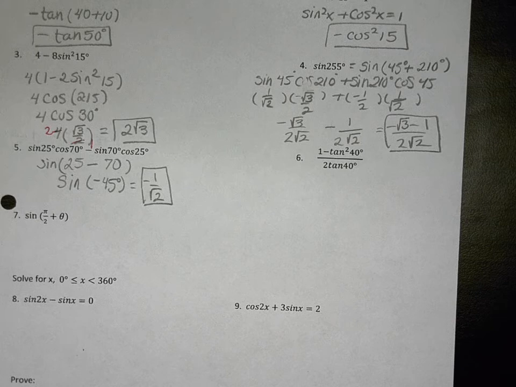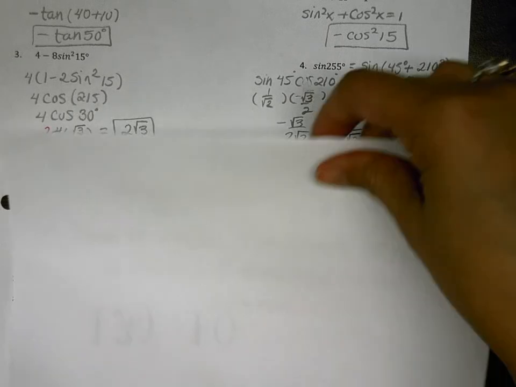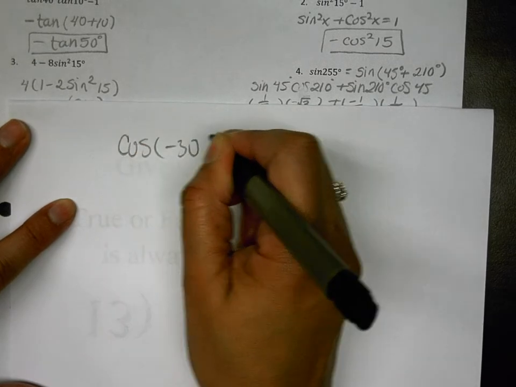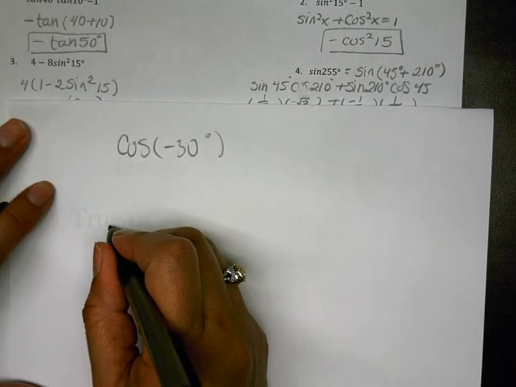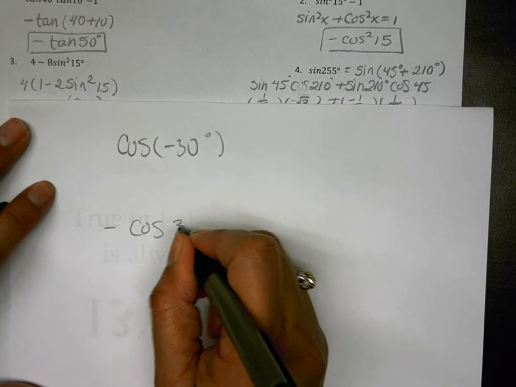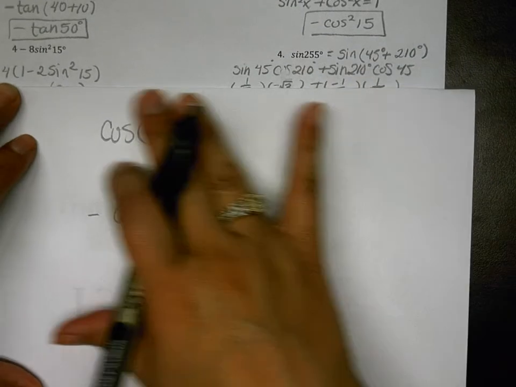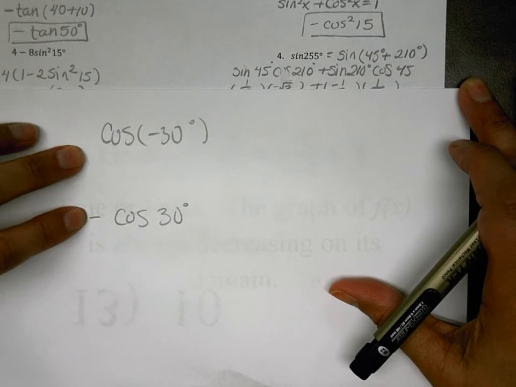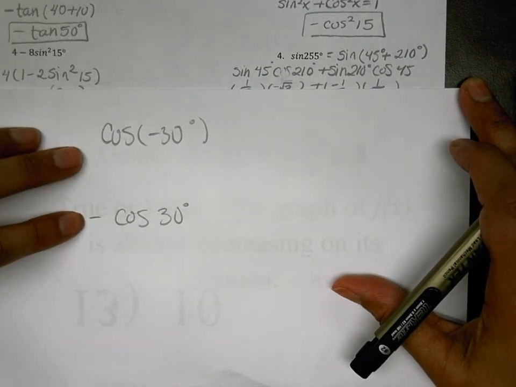Okay, a really quick side note about sine or cosine of a negative angle. Cosine of negative 30 degrees versus negative cosine of 30 degrees. I had a few kids on the quiz yesterday who treated these two things as the same thing, and they're not the same thing.